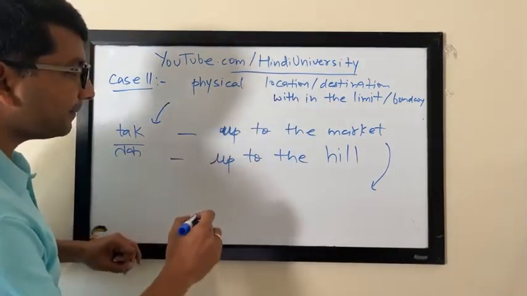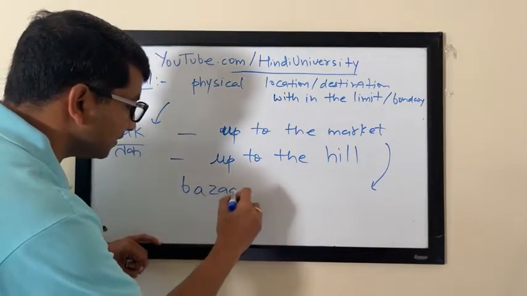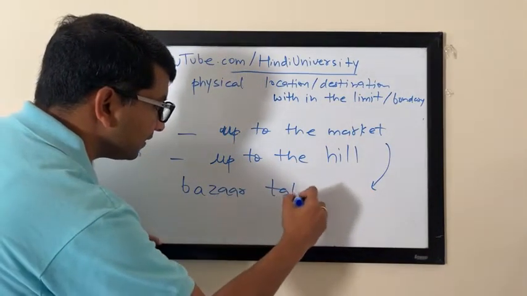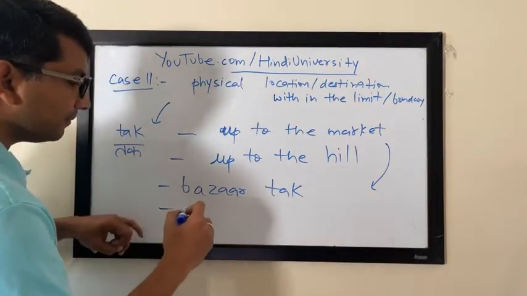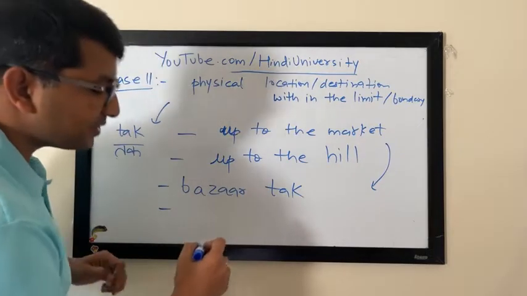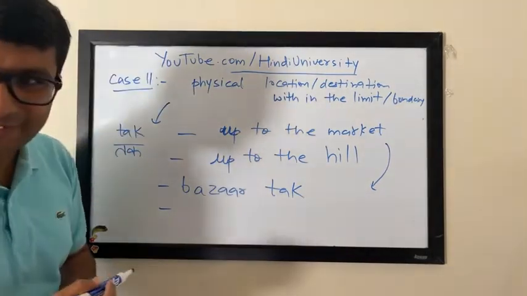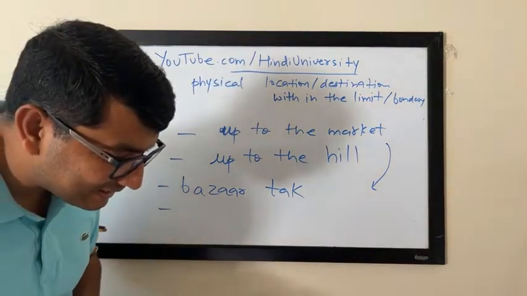Bazaar tak? Very good. Bazaar tak. Manohari ji, up to the hill. Hill tak? I don't know what the hill is. Okay, what did you say? Yeah, it's Mala here.